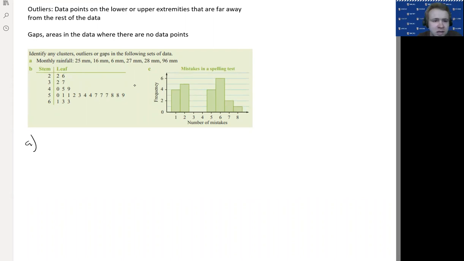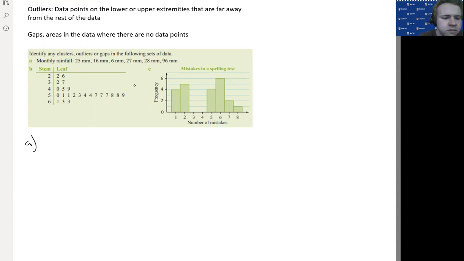So we can see here we've got the 25, the 16, the 27, the 28 are all around the same mark. They're all within 12 mils of each other. But then you've got on the lower end 6 mil, which is an outlier down the bottom. And then you've got 96 mils, which is way, way above the rest of the data.